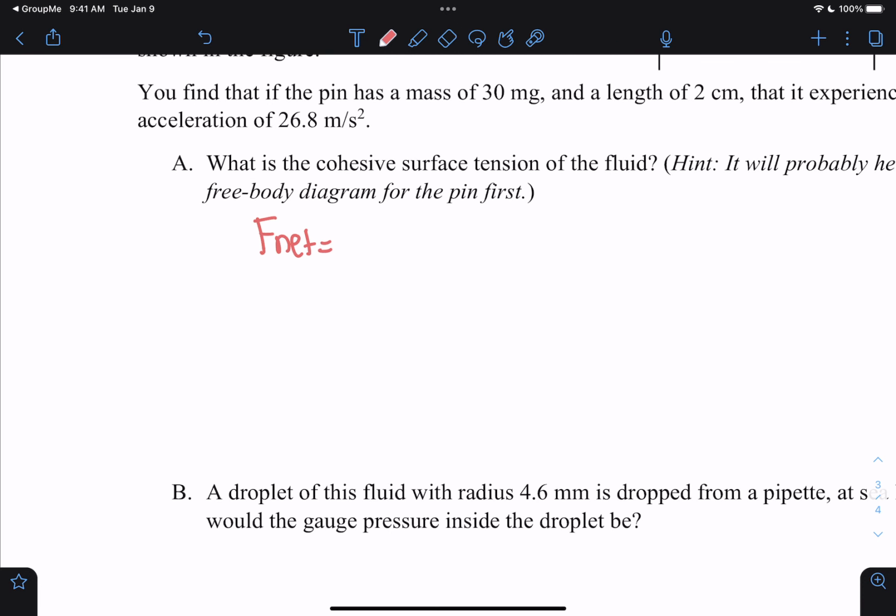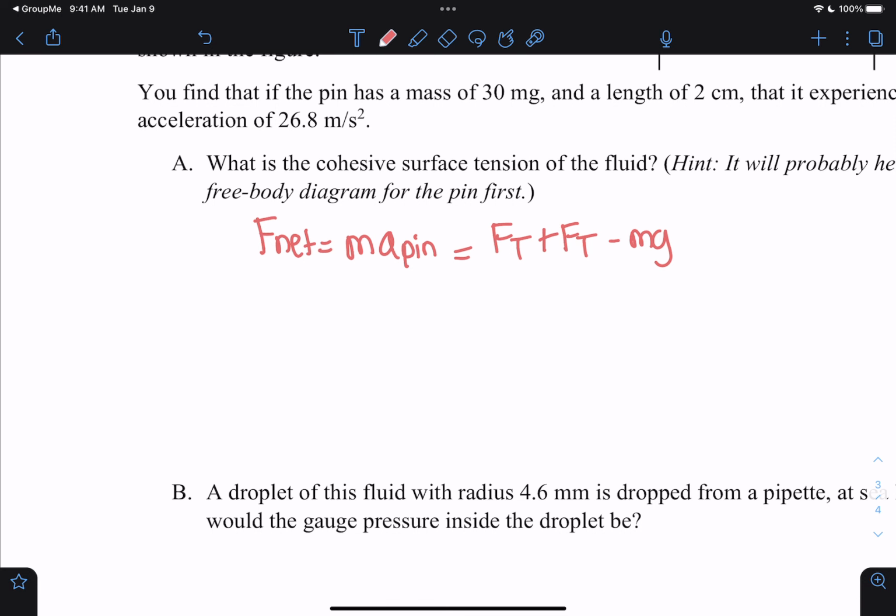So F net is equal to the mass of that pin times the acceleration of the pin, and that's equal to 2 of those Ft forces, the tension forces, minus mg, or minus the force of gravity.